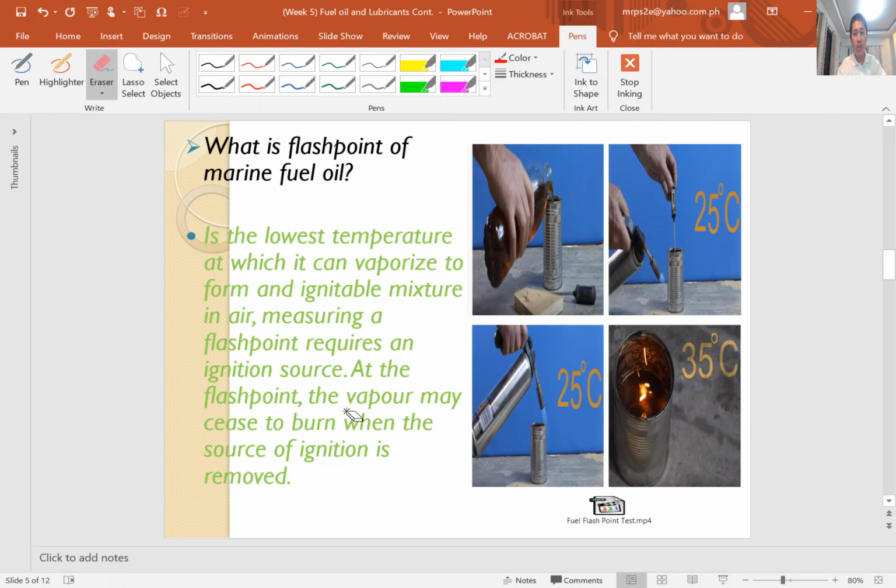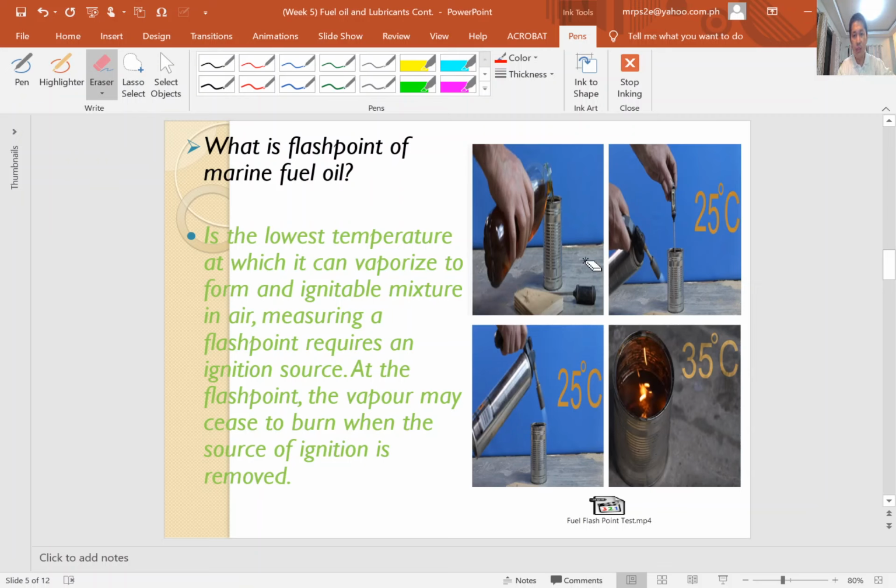At the flash point, the vapor may cease to burn when the source of ignition is removed. So in other words, flash point is the temperature of oil at which the oil will flash but will not continue to burn.